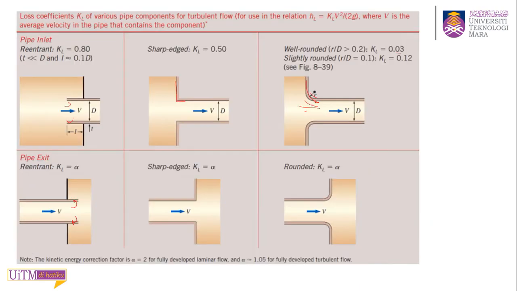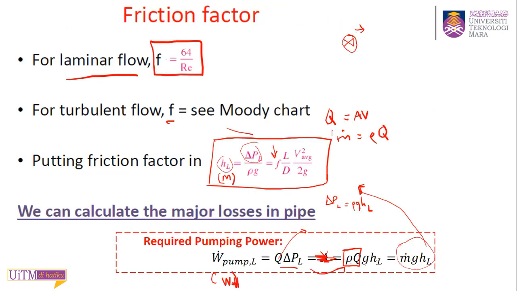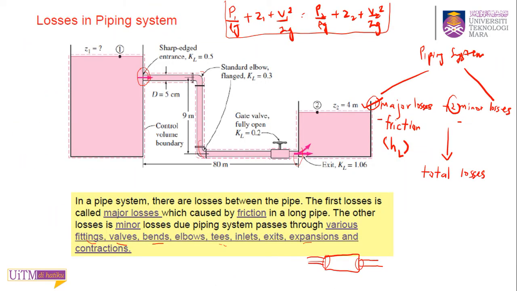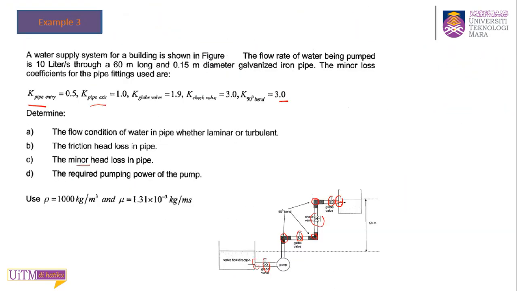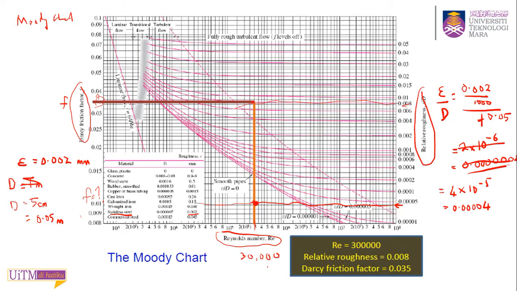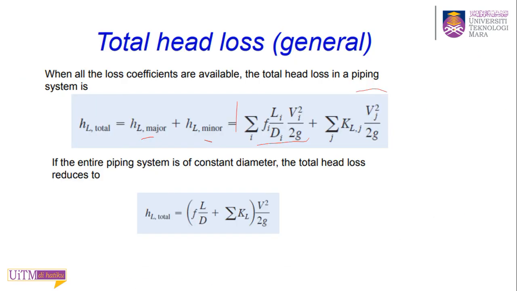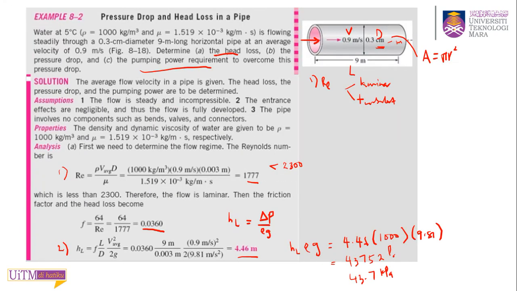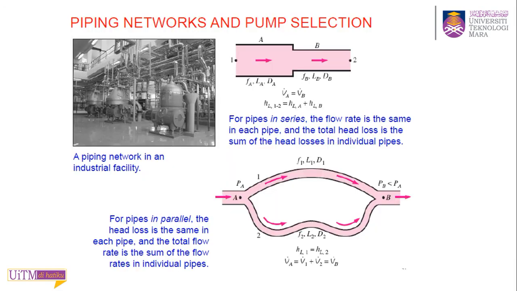If we look at the example before, you have a pipe like this with a lot of connections, so you need to calculate the minor losses, and you have to find the major losses. So it is much more complicated compared to this example. This example is very simple, just one pipe with similar size and similar cross sectional area.